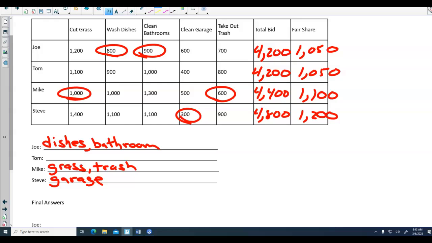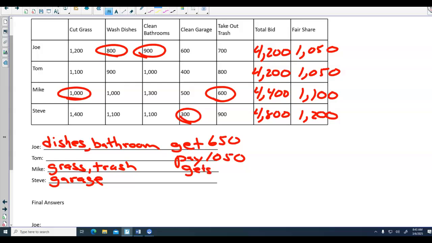Now, if your jobs are more than your fair share, you now get the difference. So you get $650 here. If you don't have to do a job, you pay money. You're going to pay the full fair share, $1,050. Mike's jobs are more than his fair share.